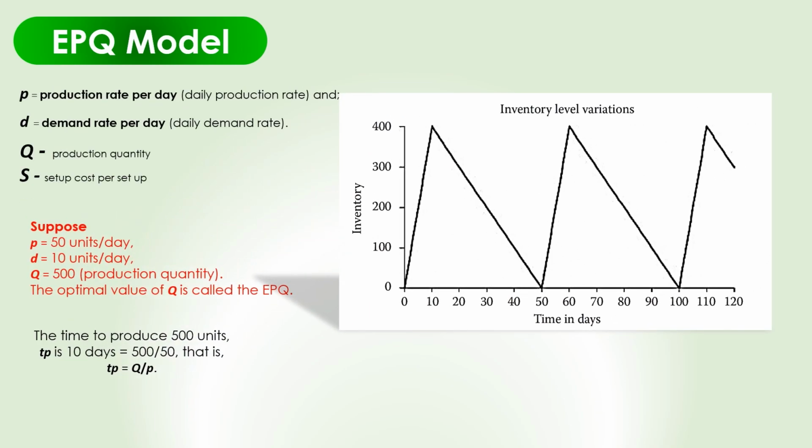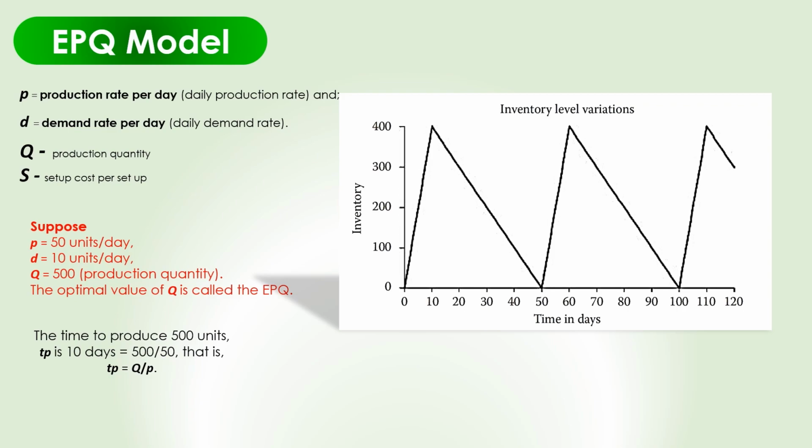So in this figure of the inventory level variation, you can notice that the inventory level is increasing at a finite rate of 40 units per day. So paano natin nakuha yung 40 units per day? It is equal to the production rate per day, which is 50 units per day, less the demand rate per day, which is 10 units per day.